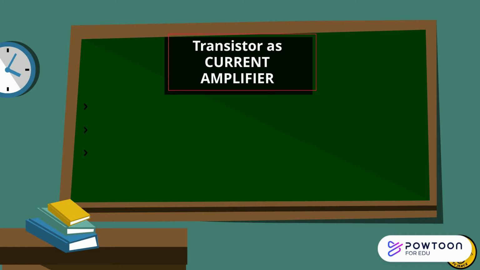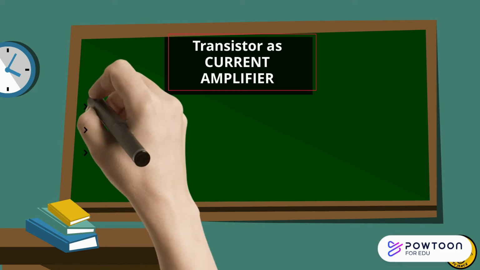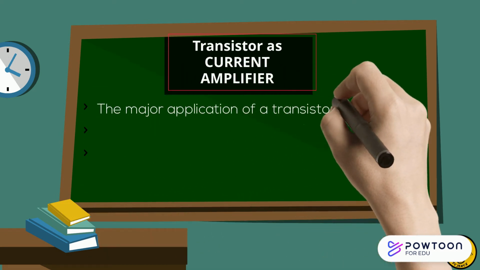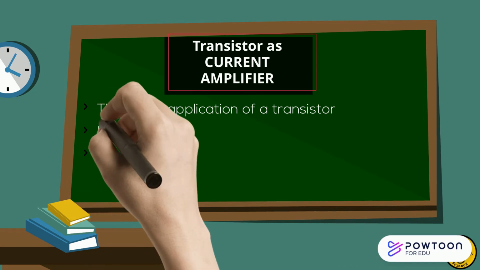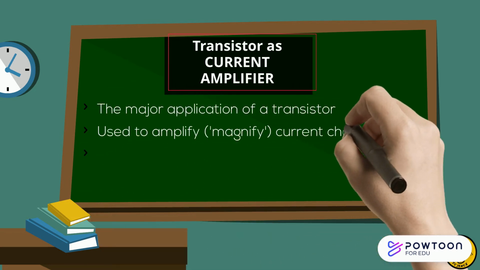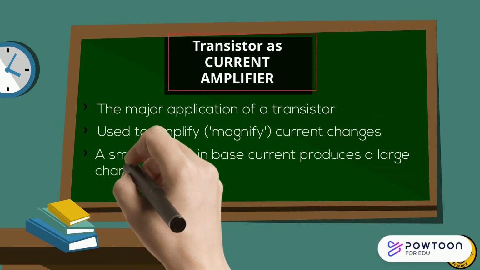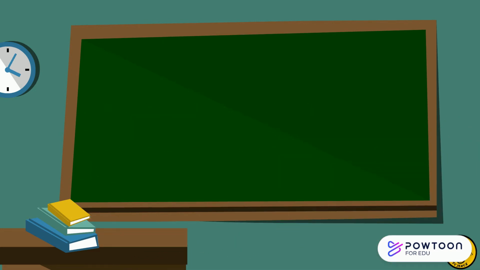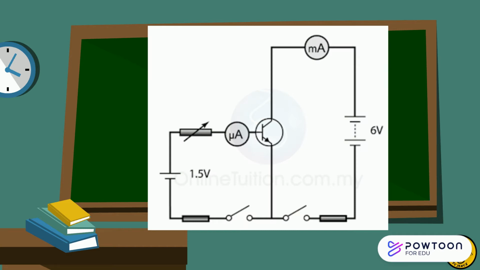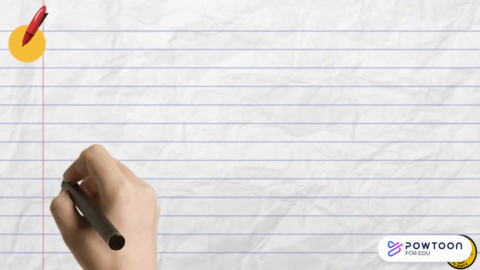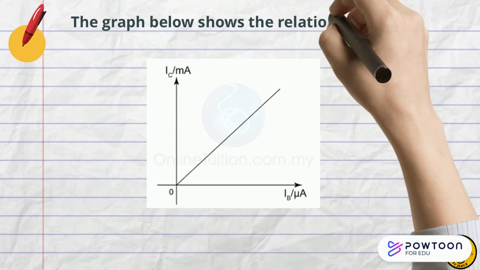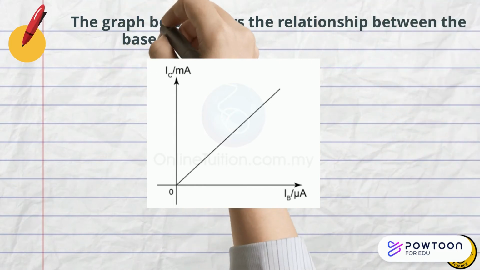Transistors as current amplifiers. It is the major application of a transistor, used to amplify or magnify current changes. A small change in base current produces a large change in collector current. The graph below shows the relationship between the base current and the collector current.